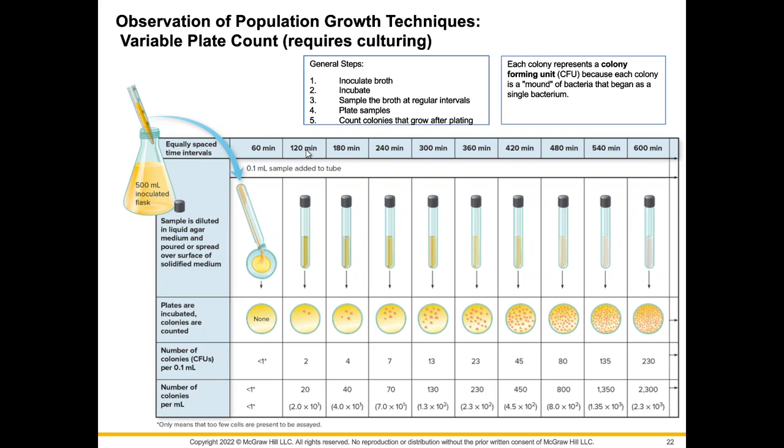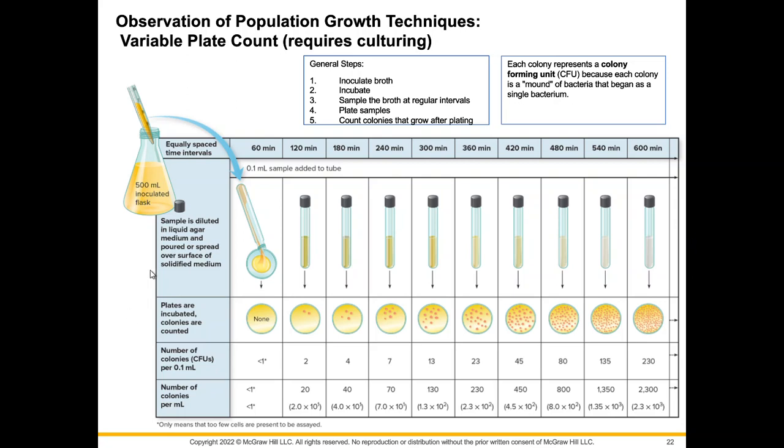At 120 minutes, we're going to do the same thing, adding 0.1 milliliters to test tube number 2. At 180 minutes, we're going to take 0.1 milliliters and add it to test tube number 3. And then in test tube 4, we're going to wait until it's 240 minutes since we inoculated it, and put 0.1 milliliters into that tube, and so on and so forth.